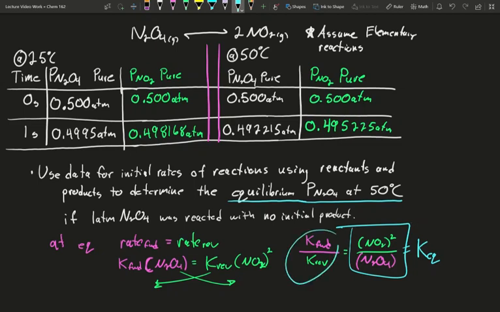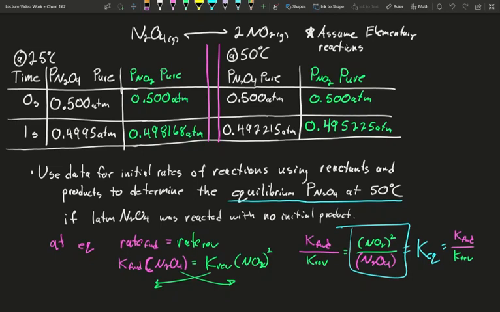Well, if that has to equal the ratio of our rate constants, the ratio of our rate constants must equal our KEQ. So if we can find our K forward and our K reverse, we can find our equilibrium constant. If we know our equilibrium constant and the starting concentrations of our materials, we can find our equilibrium values. So here's how we can take rates and relate them to equilibrium in a general sense.